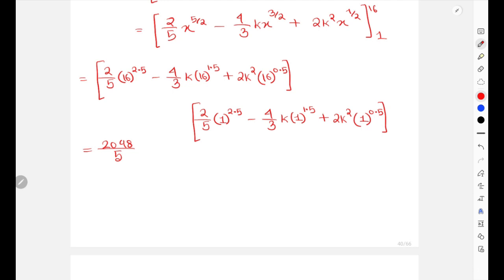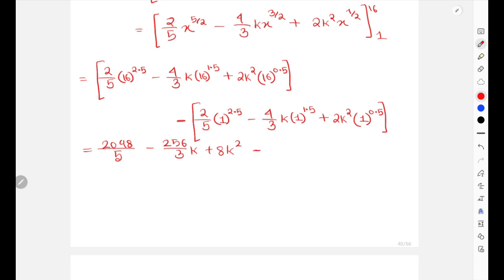And then that 16 to the power of 1.5 is 64 multiplied with 4 by 3, that is 256 by 3k. And then again for that 16 half is going to be 4, 4 into 2 is going to be 8, so you have 8k square, and then this is actually subtracted from the first expression, right?